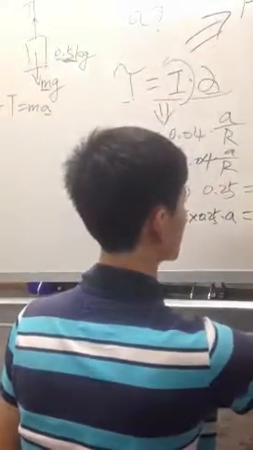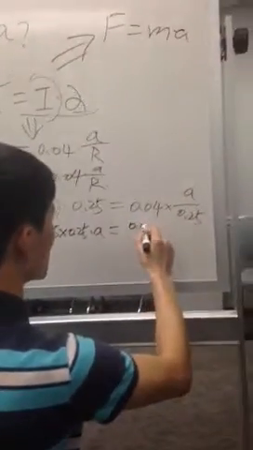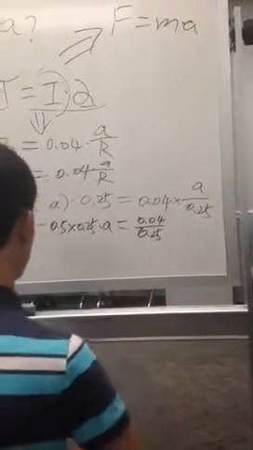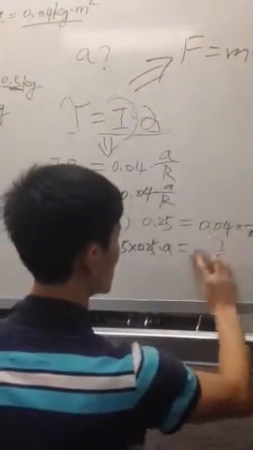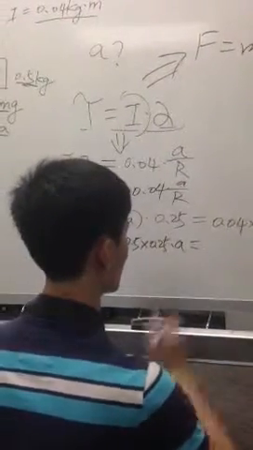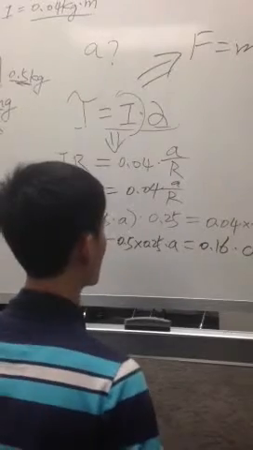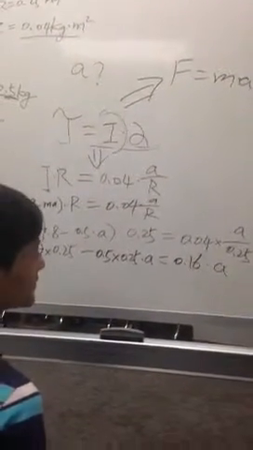And then here is 0.04 over 0.25. Actually, if you calculate, here will be 0.16A. Okay? Because it's 0.04 over 0.25?